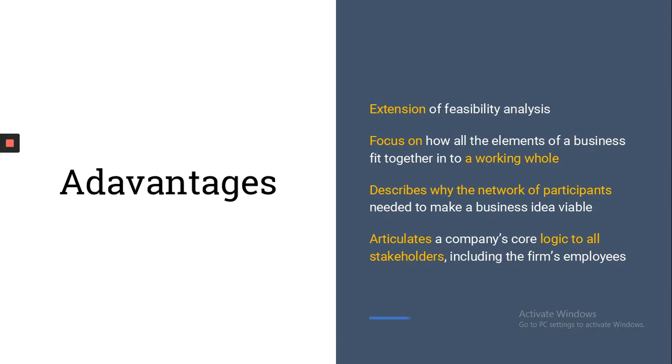The third advantage of filling out the business model canvas as an entrepreneur is that it describes why the network of participants is important to make the business idea viable. Why you need partners. Partners could be in the back end, partners could be in the front end. When we say back end partners, we mean the suppliers of the raw materials or the key components of the business. For example, Dell computers have partners in backward integration.